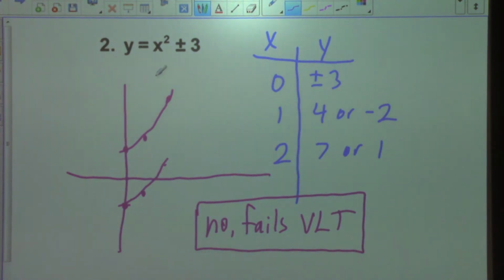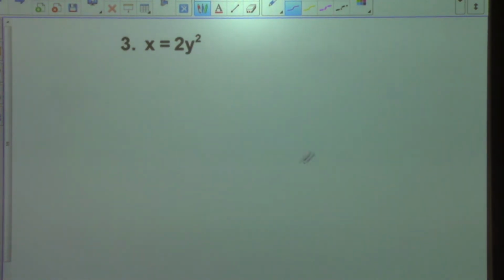All right. Next, 3. For 3, is y a function of x? Yes. How do we test it out? What do you want to do to test if y is a function of x? Graph it in the calculator.